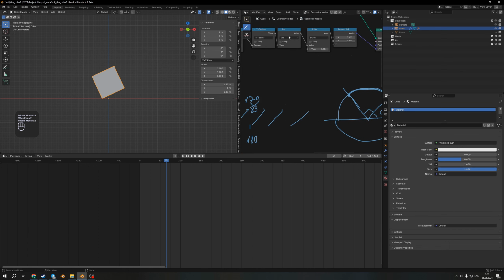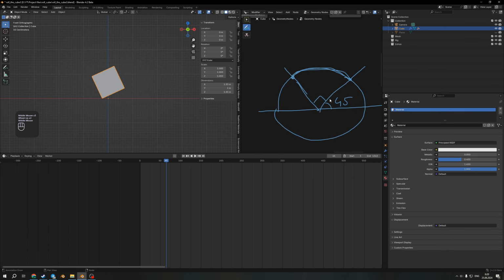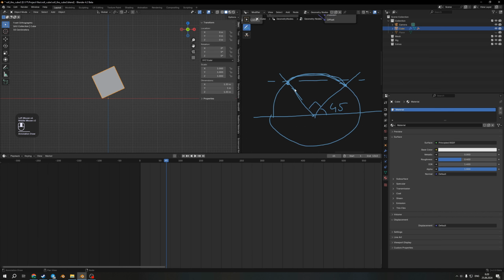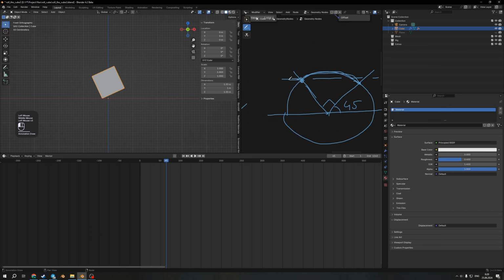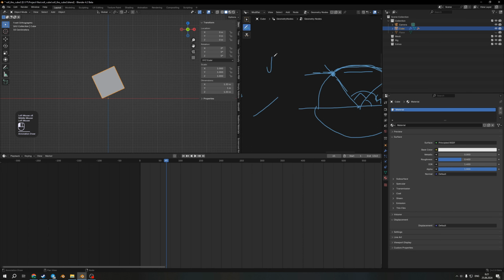Then we take sine. Sine, in this particular case, is just the height of this point. So sine of this 135 degrees would be square root of 2 over 2.